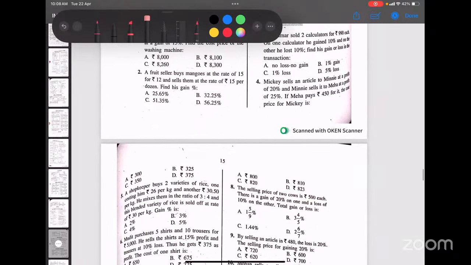Next question. How will you solve the fourth one?